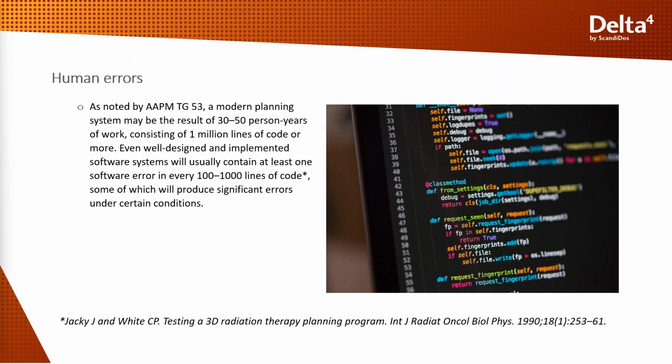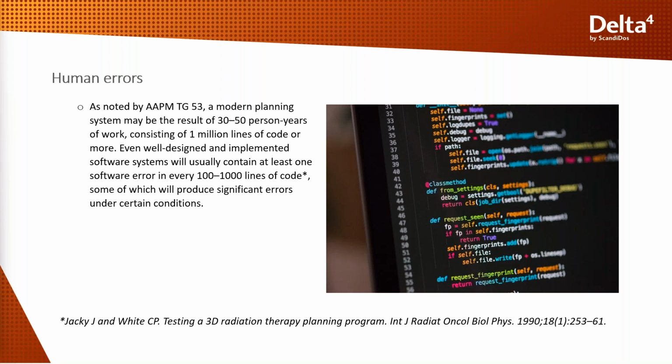This report that we dug out is AAPM Task Group 53, where they quote another journal article that a modern planning system may be the result of 30 to 50 person years of work consisting of 1 million lines of code or more. Even well-designed and implemented software systems will usually contain at least one software error in every 100 to 1,000 lines of code.